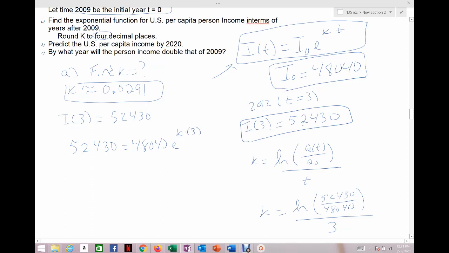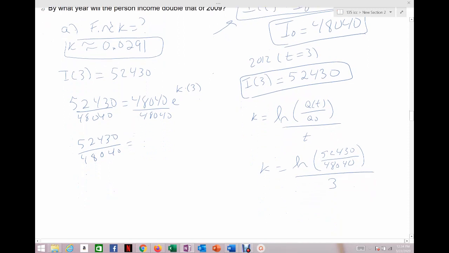It took 3 years to grow to that amount, and then you solve for k. All right, divide by the initial value. I'm just going to leave the fraction. If you want to simplify it, you can, but don't round it. Either leave it exact or simplify it. You could simplify it, plug it in your calculator, and hit the fraction key if you wanted to.